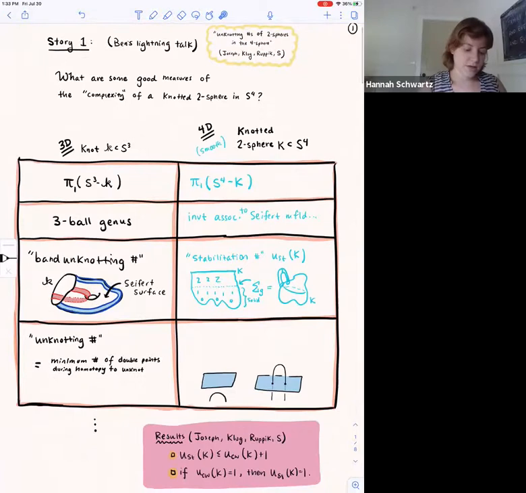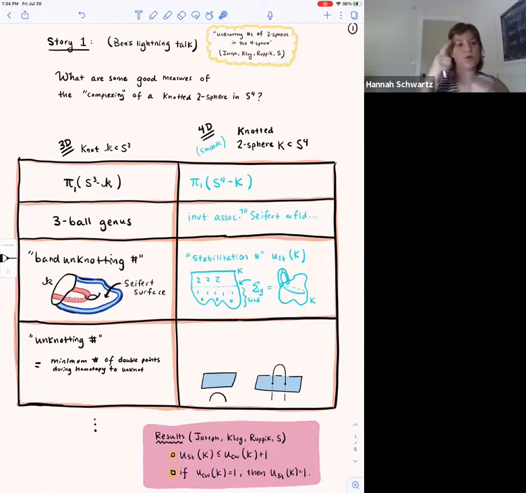Okay, so the very last thing I wanted to bring up, and maybe I should go a little faster so we can actually get through this talk, is the unknotting number of knot K. One way to think about this is the minimum number of double points that you see during a homotopy from your knot to the unknot.